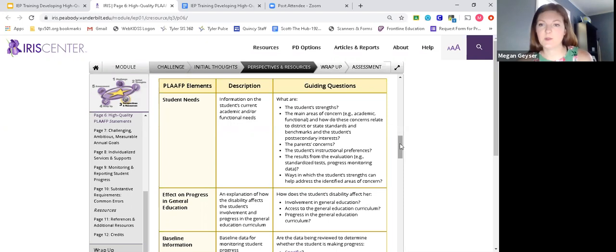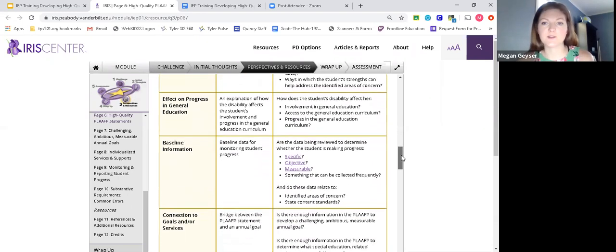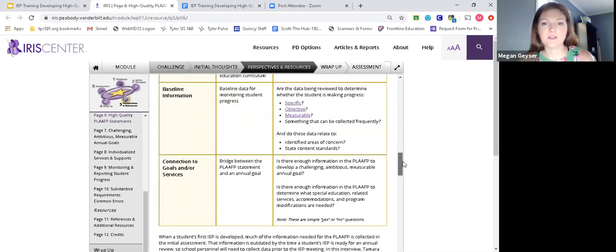And then for those of you that are looking at the chart on my computer, I'm going to scroll on down so you can access the rest of it.